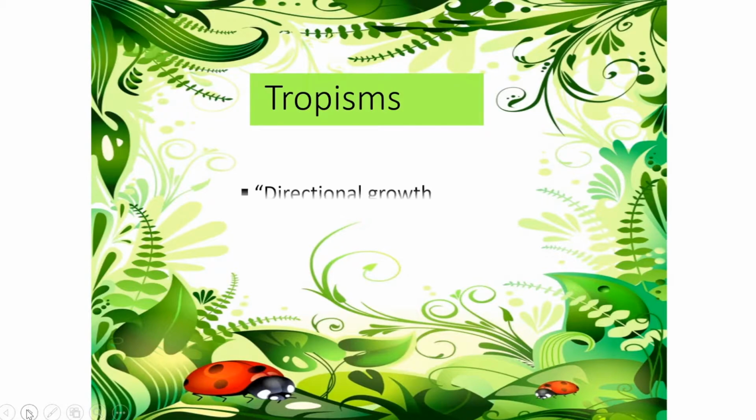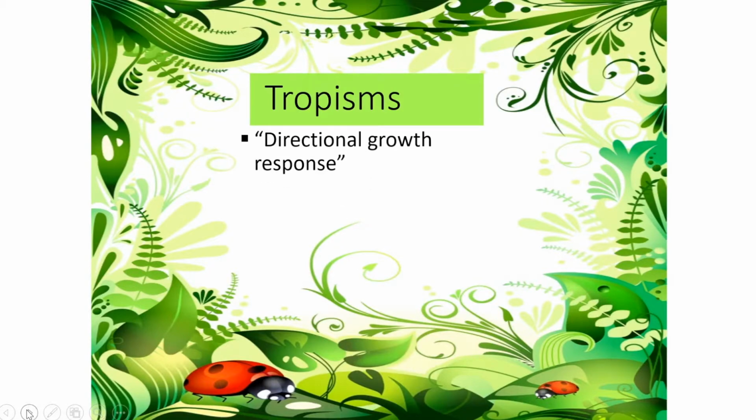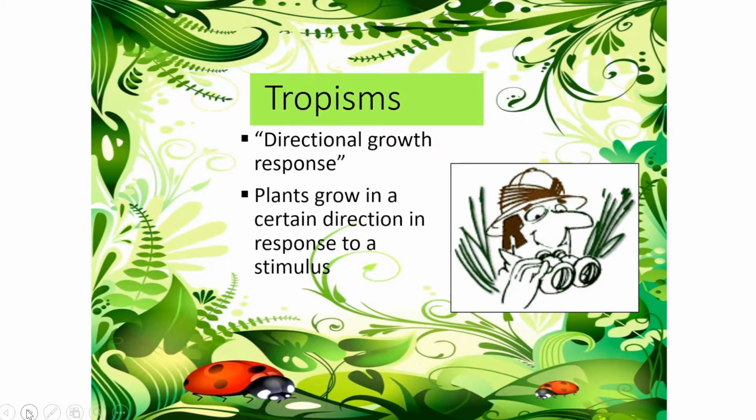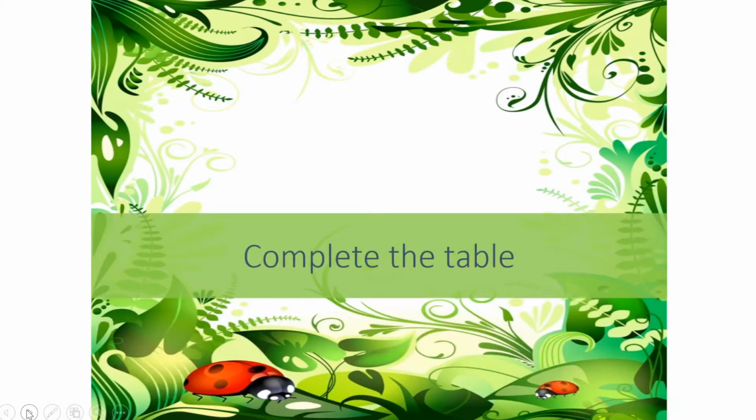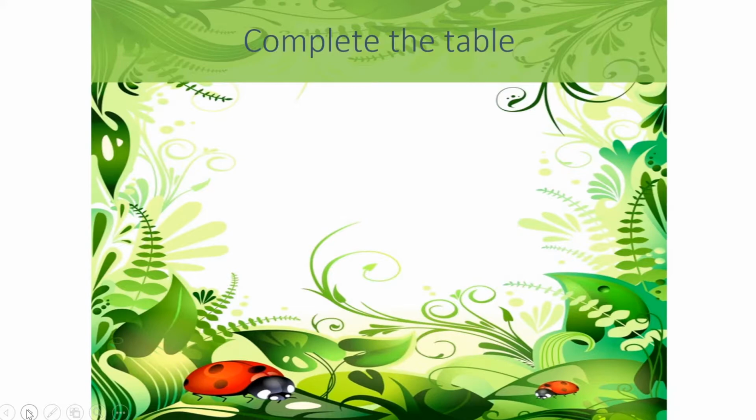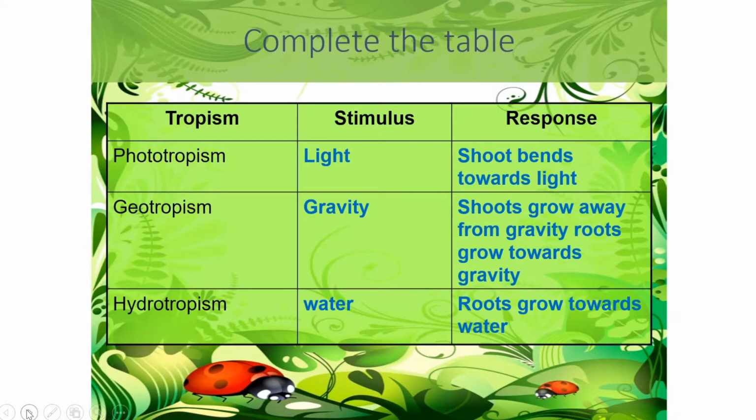So if we're looking at a definition of what a tropism is, it's a directional growth response. In other words, plants growing in a certain direction in response to a stimulus. I need you to complete the table in your booklet to show the different types of tropisms that we need to study at GCSE.